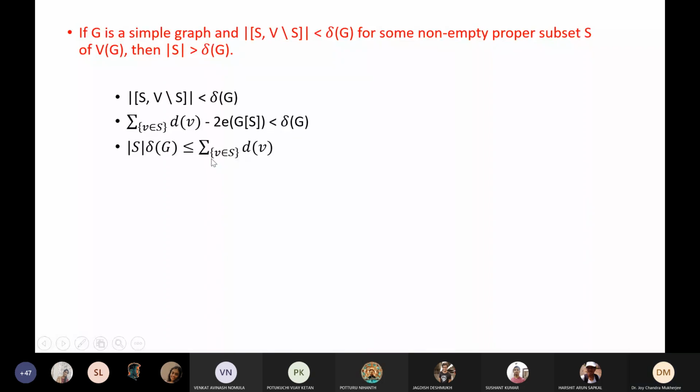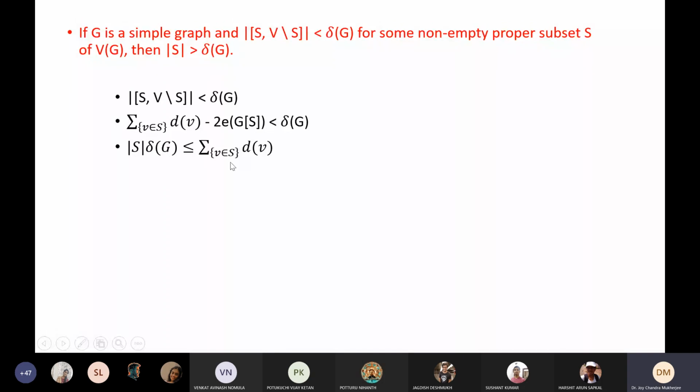Delta G is the minimum degree of the graph, and mod S is the number of vertices here. So mod S into delta G, where mod S is the number of vertices in S, and we multiply with delta G, the minimum degree of the graph. So this number must be less than or equal to this, because here also all of the vertices in S are considered, and definitely d(v) must be greater than or equal to delta G for all the vertices.